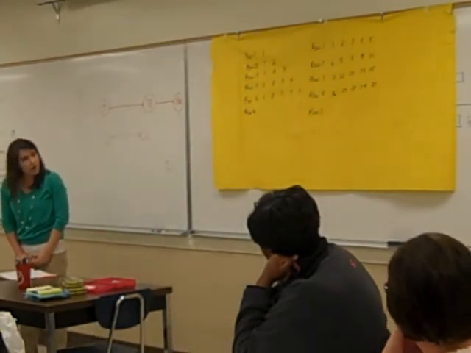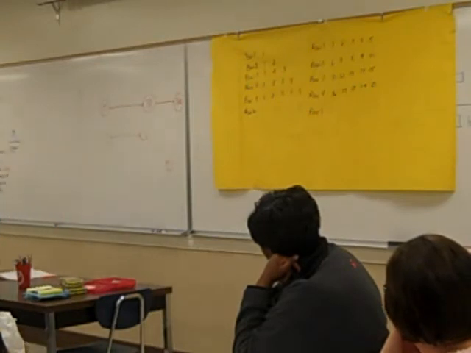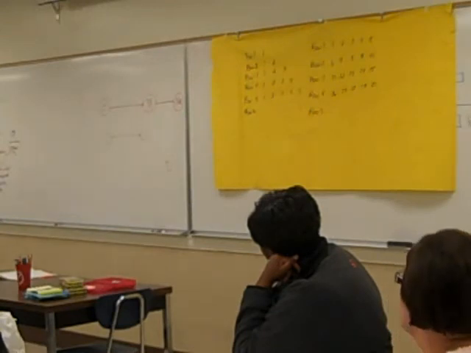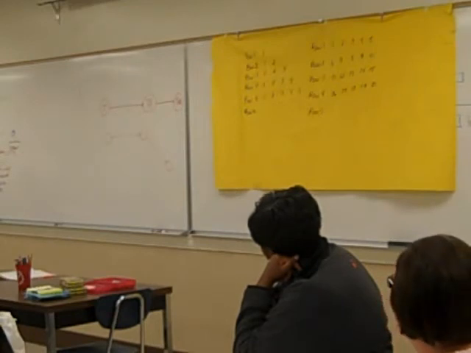Could I make a rule about the ending number in each of these rows? Can someone tell me what the rule might be for the ending numbers in these rows? To multiply by 5. The row number times 5 to get the answer.